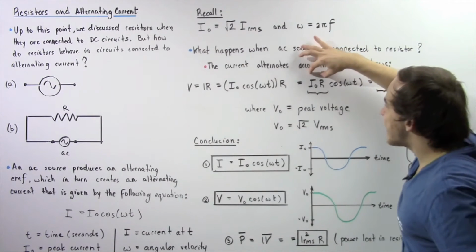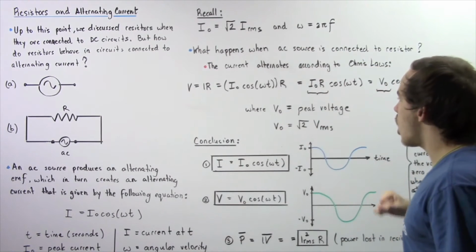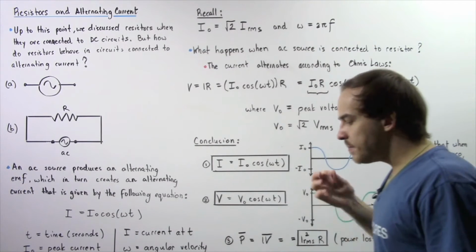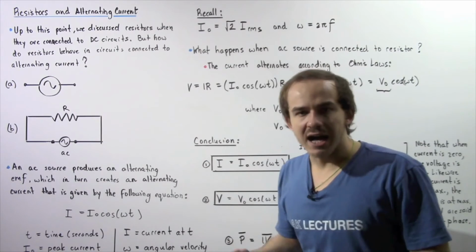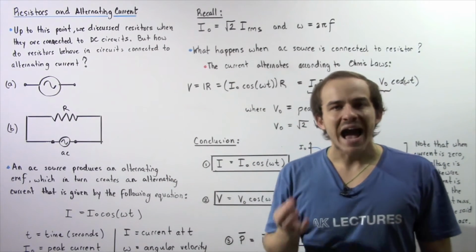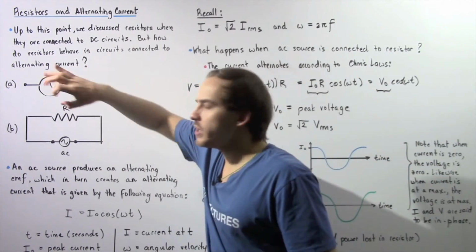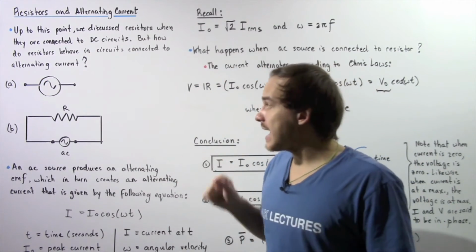Now, what exactly is the meaning behind I naught multiplied by R? Well, if we take the peak electric current I naught and multiply by the resistance, we get the maximum quantity of voltage that exists inside our resistor.